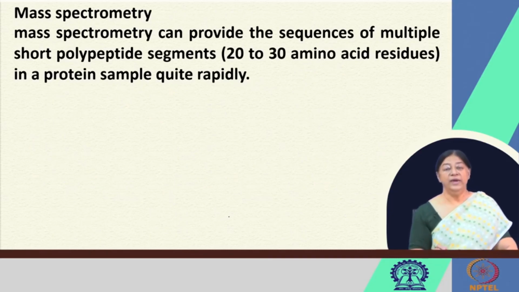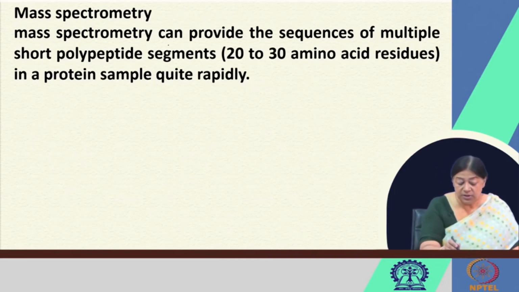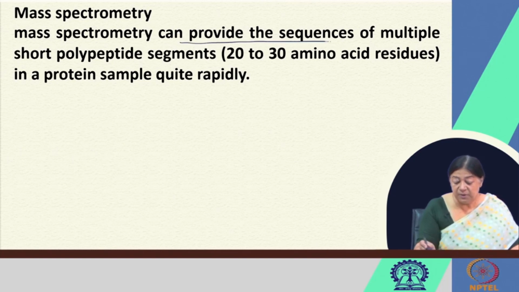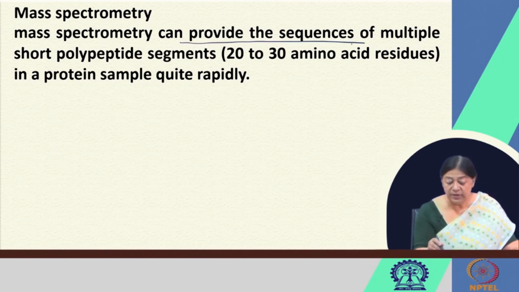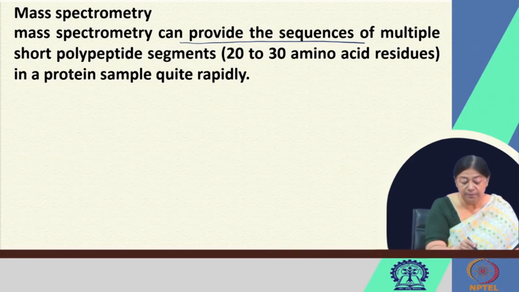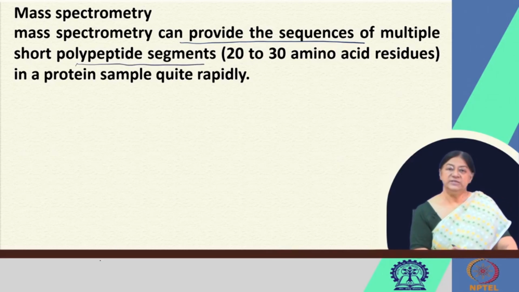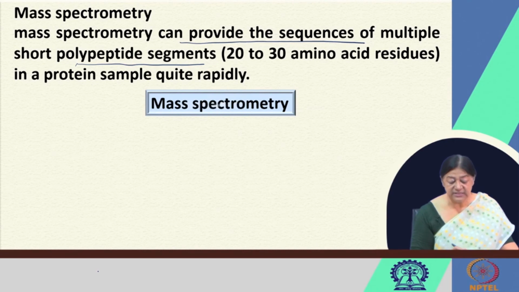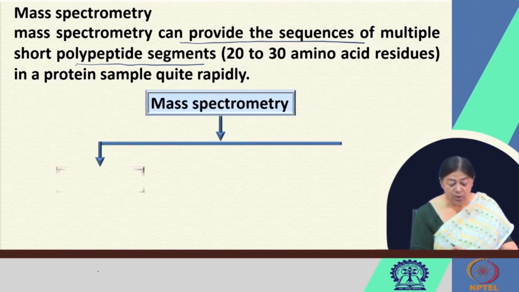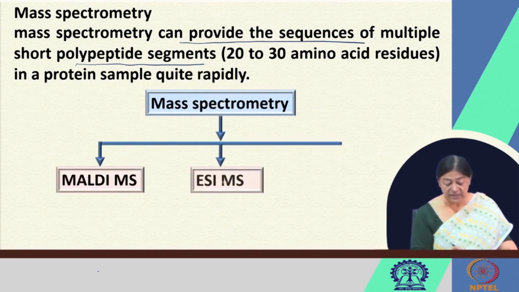Another way in which we can find out this is using mass spectrometry, where we can provide the sequences of multiple short polypeptide segments in a protein sample quite rapidly, where we have actually a fragmentation. What happens in this case is, in mass spectrometry, we have different methods. We have MALDI-MS, that is matrix assisted laser desorption.